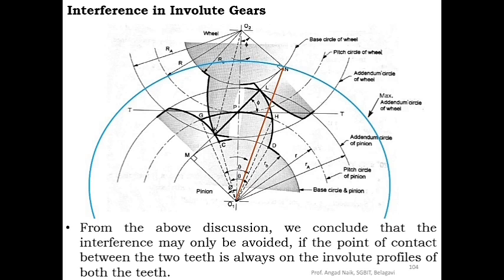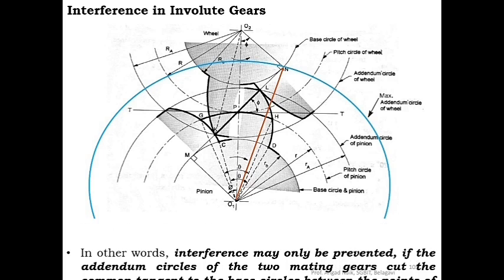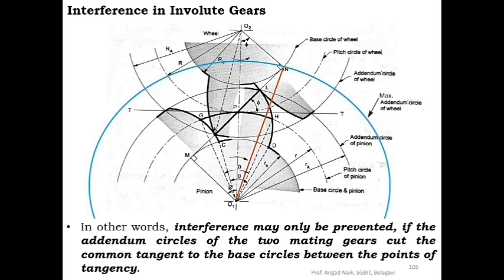From the above discussion, we can conclude that interference may only be avoided if the point of contact between the two teeth is always on the involute profile of both the teeth. In other words, interference may only be prevented if the addendum circles of two mating gears cut the common tangent to the base circle between the points of tangency.